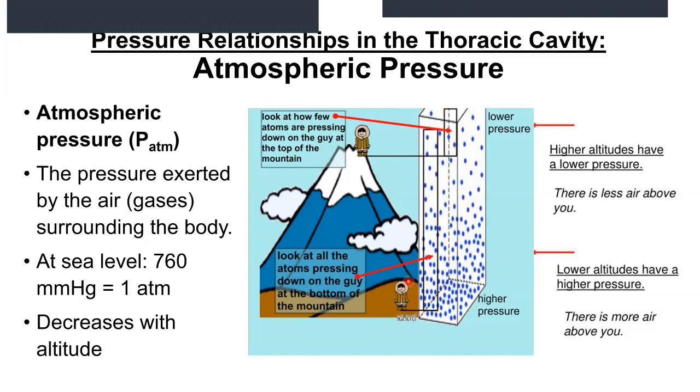So this is a pretty high pressure that's pressing down on you. As you climb the mountain, if you're standing, maybe at the top of the mountain, see how there's just far fewer gas molecules above you? This is going to mean that there's less of a force pushing down on you. So therefore, this is a lower pressure situation, okay?